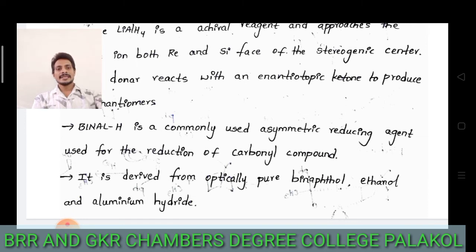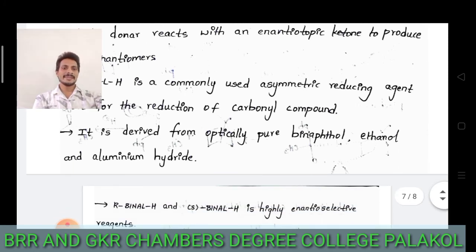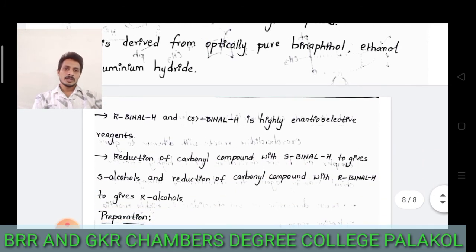But BINAL-H is a commonly used asymmetric reducing agent for the reduction of carbonyl compounds. It is derived from optically pure binaphthol and aluminum hydride. R-BINAL-H and S-BINAL-H are highly enantioselective reagents.